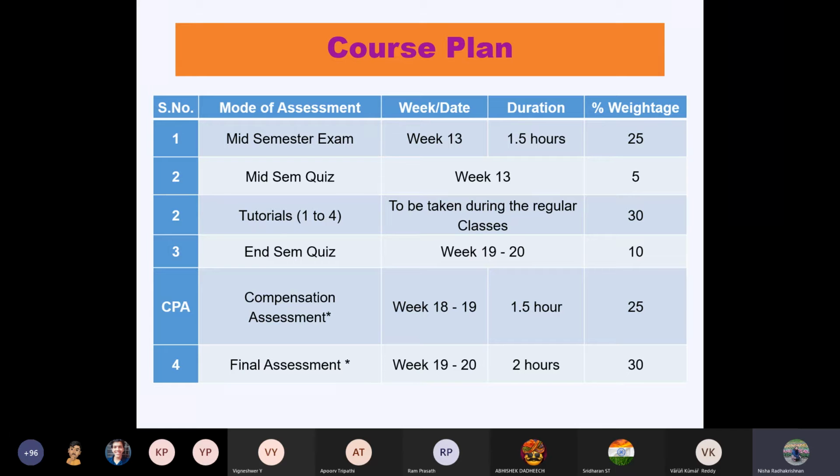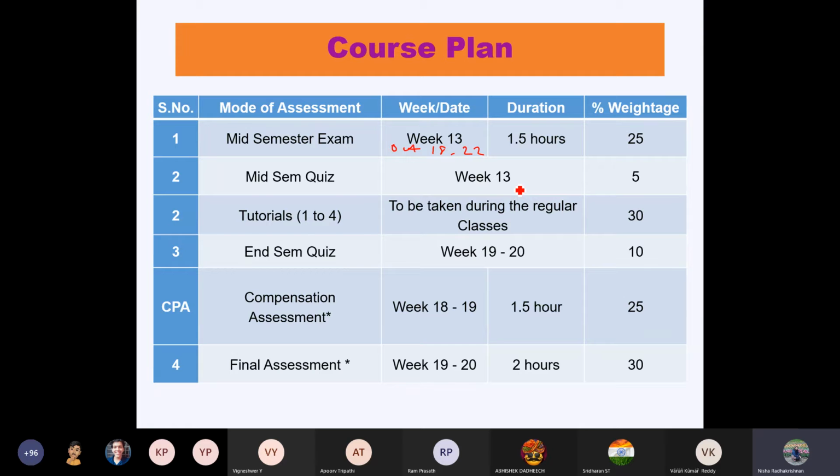You will have a mid-semester exam in week 13. Week 13 for me is October 18th to 22nd, so sometime between October 18th and 22nd.